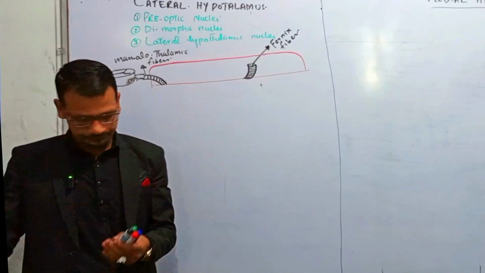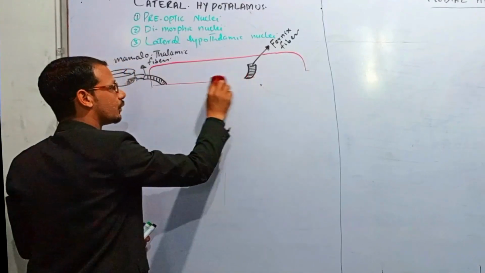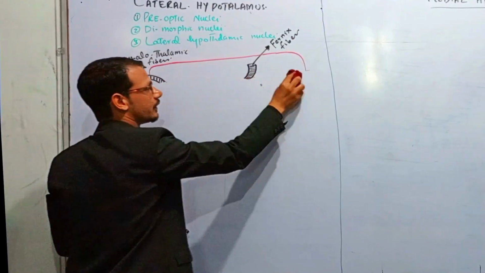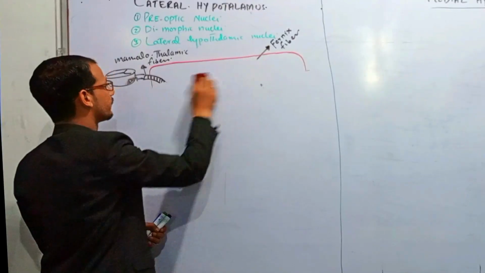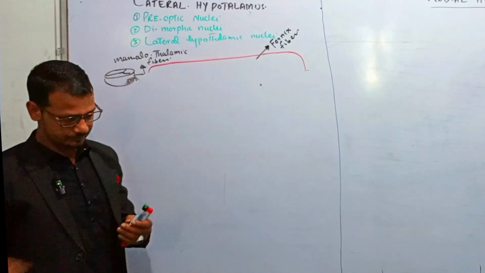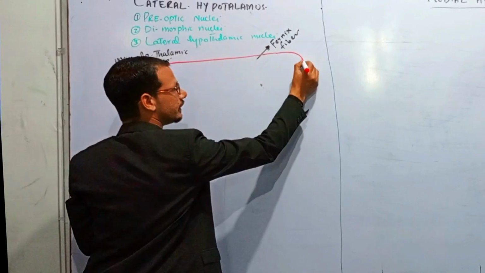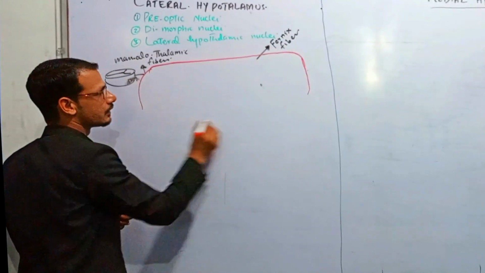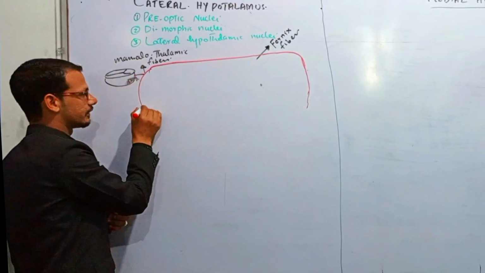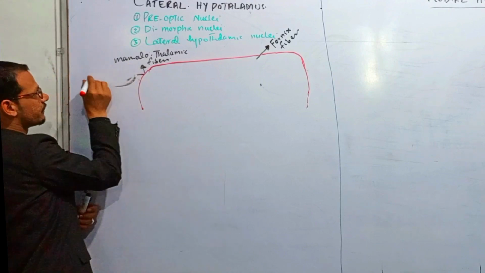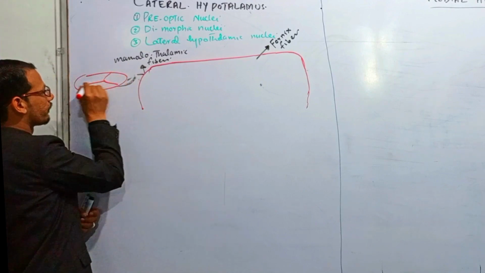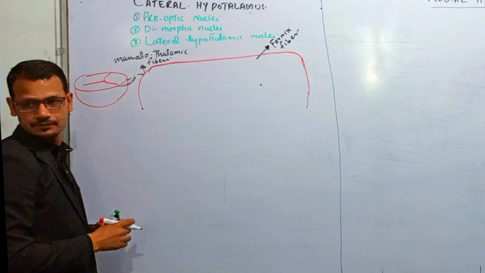For example, let's enlarge this area. This is the lateral side, right? Here we have the thalamus, right?